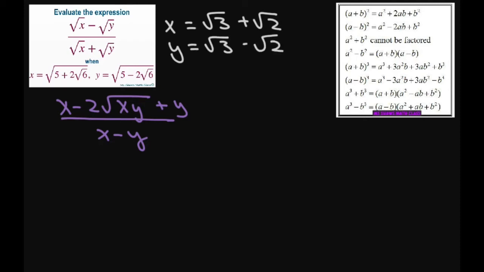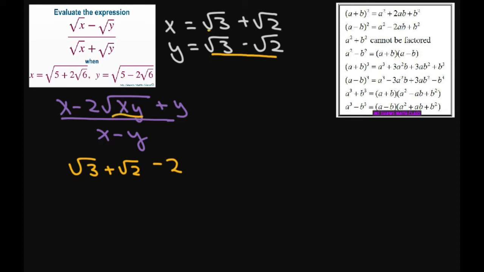And just for a refresher, our x was square root of 3 plus square root of 2, and our y was square root of 3 minus square root of 2. So let's substitute everything in. So our x is going to be square root of 3 plus square root of 2. Then we're going to have minus 2 square root of xy.